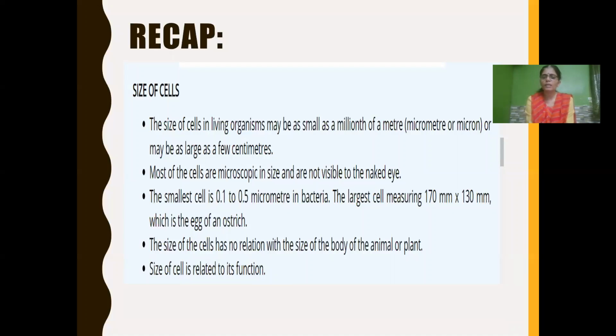The smallest cell is 0.1 to 0.5 micrometer, that is bacteria. The largest cell is 170 millimeter by 130 millimeter, which is the egg of an ostrich. The size of the cell has no relation with the size of the body of the animal or plant. On the other hand, it is related to its function.